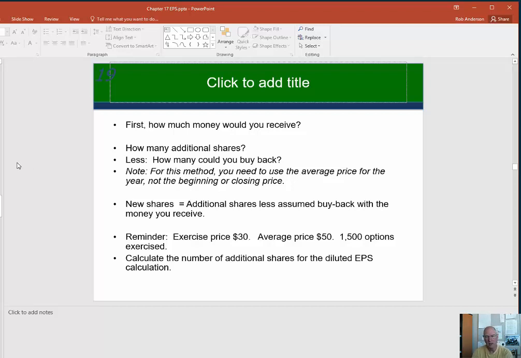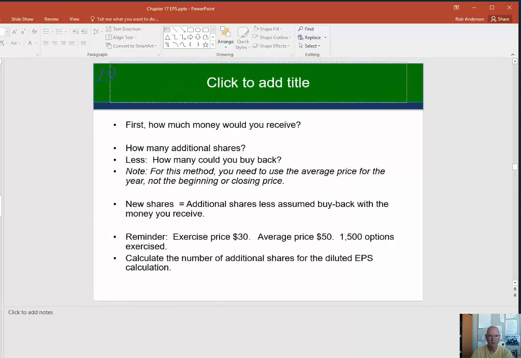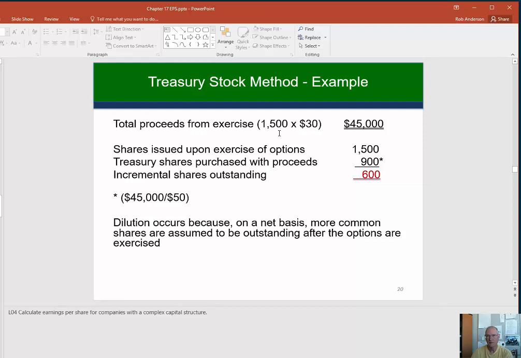So once you get your head around that, it's actually a really simple method because the numerator is 0, right? The denominator is all we really need to figure out. So let's go ahead and figure this out. We take our proceeds; we would have received 45,000 if these had been exercised.